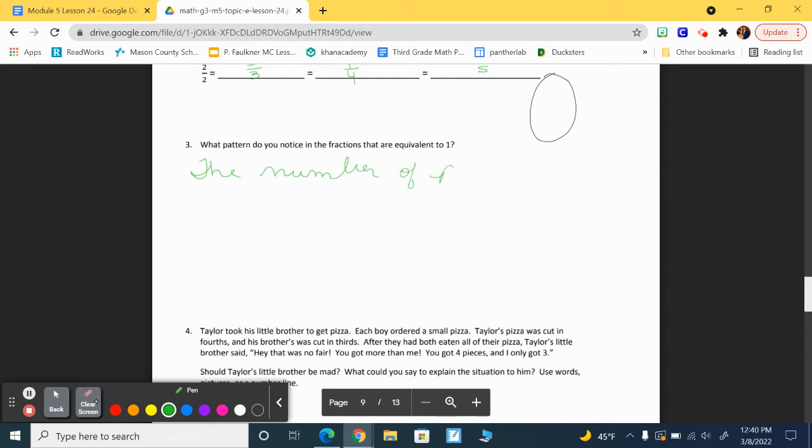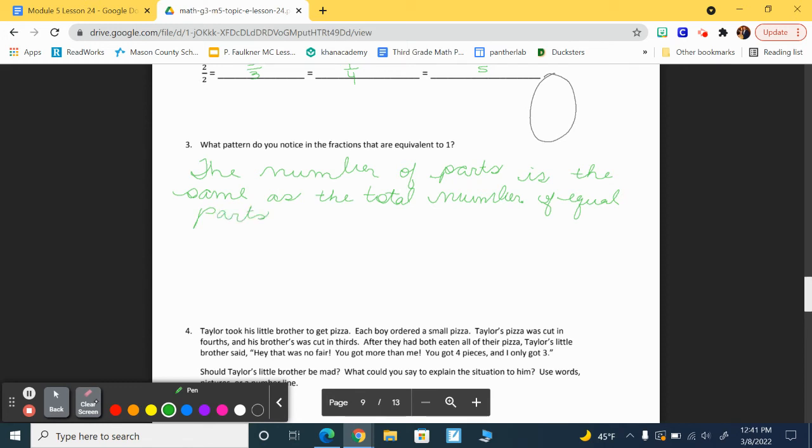The number of parts is the same as the total number of equal parts.